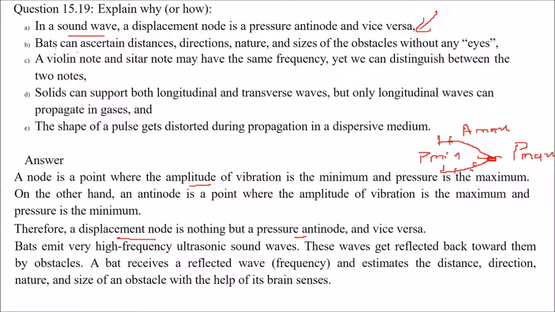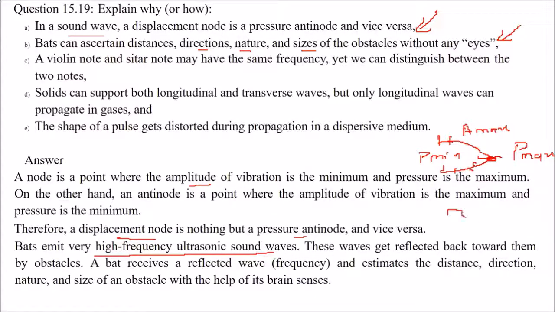Next is that a bat can ascertain distances, directions, nature, and sizes of obstacles without even having proper vision like ours. A bat emits high frequency ultrasonic sound waves. These waves are reflected back toward it by obstacles.